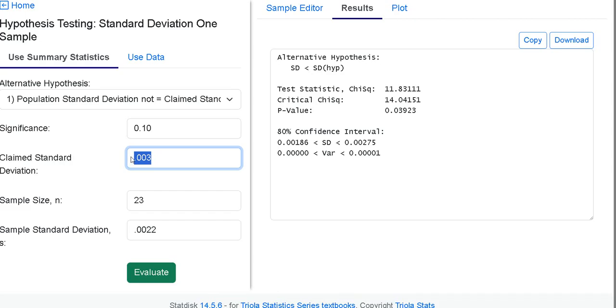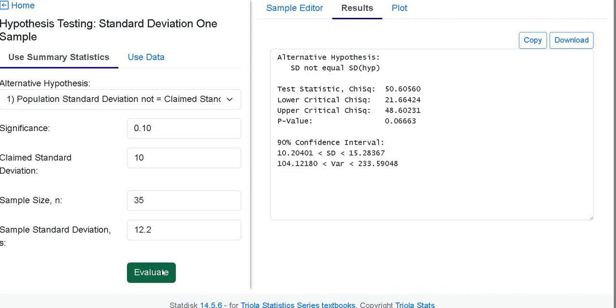Well done. So 10. N was 35. Sample standard deviation, someone else for sample standard deviation. Edmund, I don't think I picked on you yet today. 12.2. Perfect. So there we go.